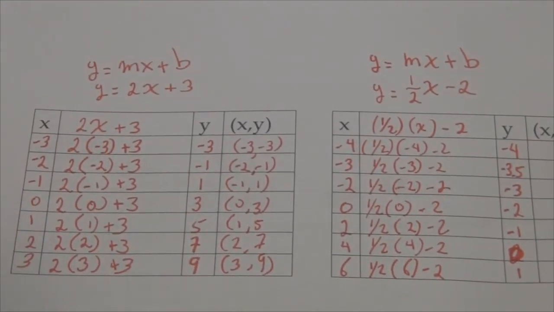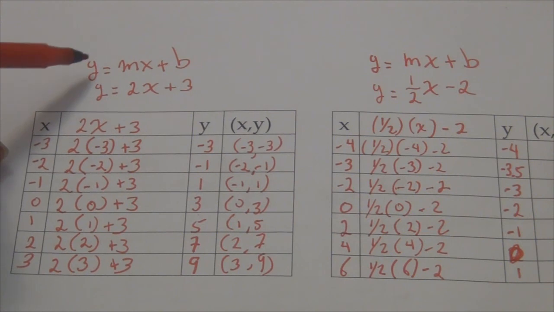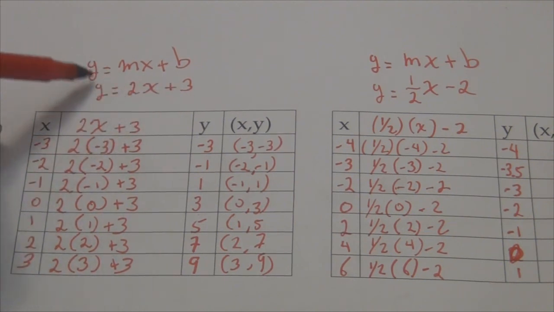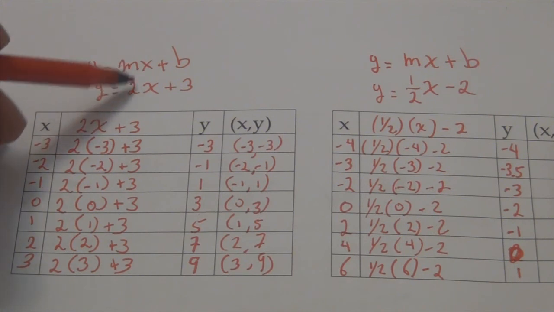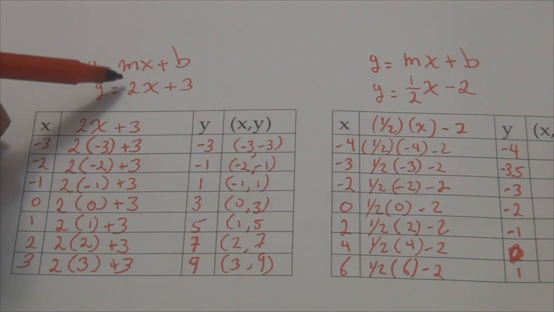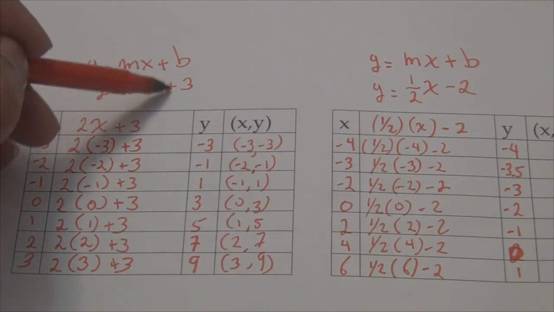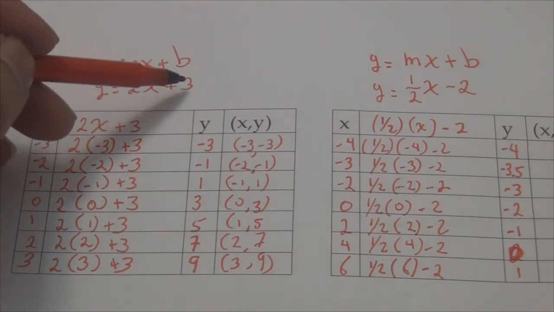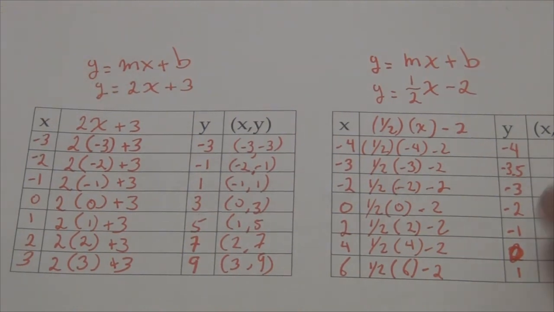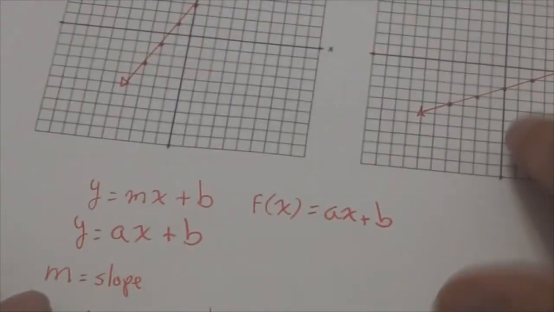So, my question is the following. Is this equation in the form of y equals mx? You see mx, m is any number, but it's still the slope. mx plus b. b is just a regular number. Okay? So, let's go back down.